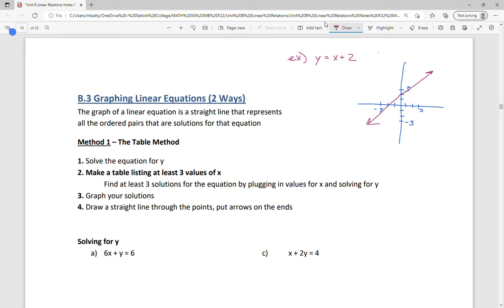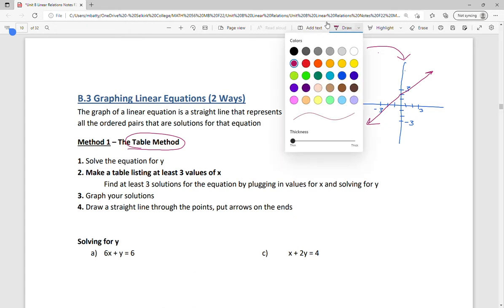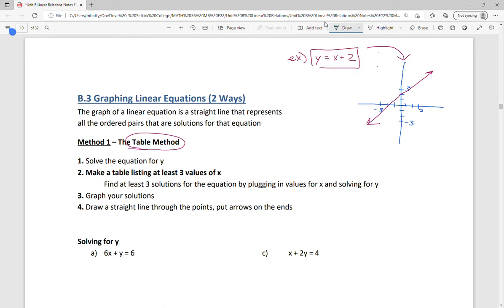So we're going to somehow in this section figure out how to go from this to the line on the graph. And there's a number of ways that we can do this. The first way that we're going to do is the table method, and it's probably the most straightforward way, if not the least amount of work.